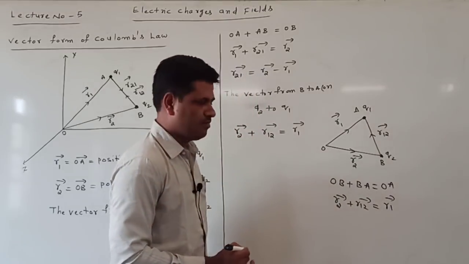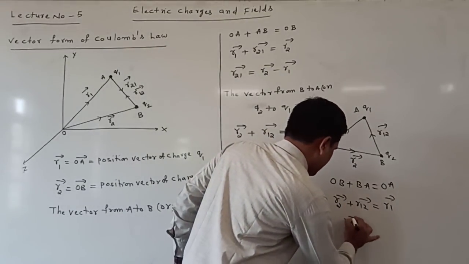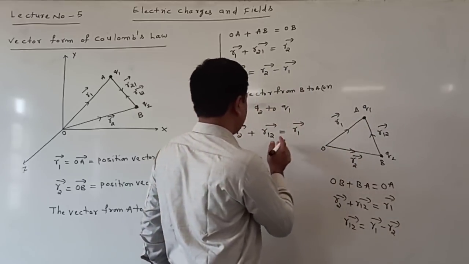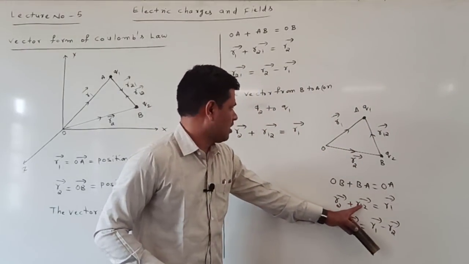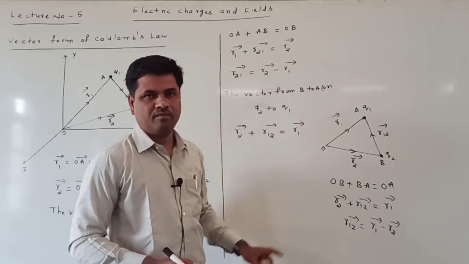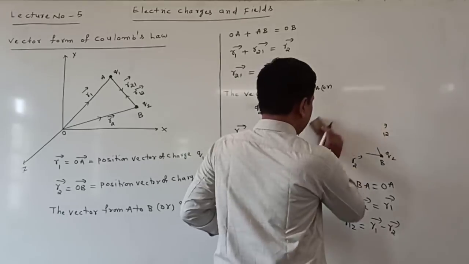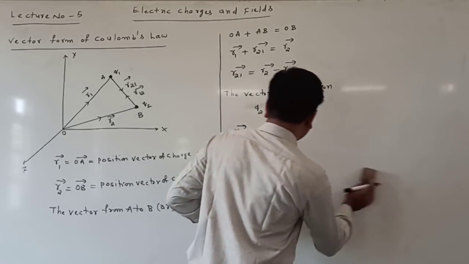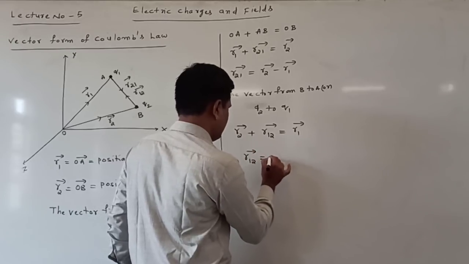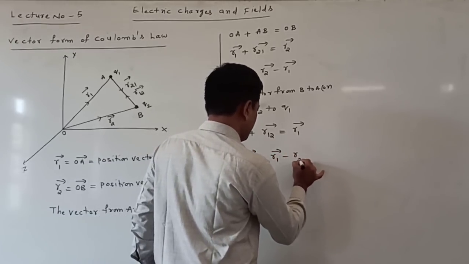We can write like this. From this, R12 bar is equal to R1 bar minus R2 bar. We are writing this from the triangle: R2 bar plus R12 bar is equal to R1 bar. So R12 bar is equal to R1 bar minus R2 bar.